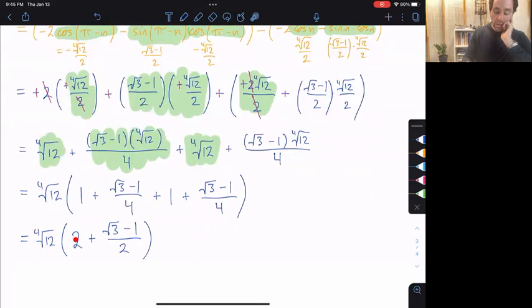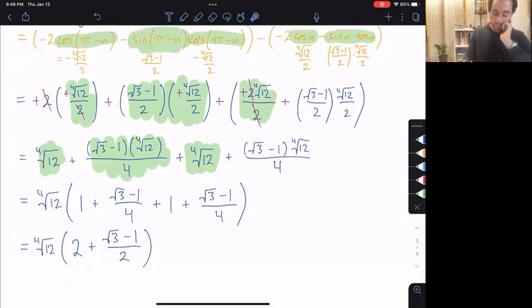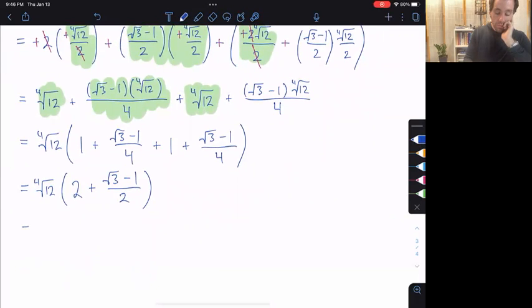And now these really are actually like terms. So I can write this as fourth root of 12 times 2 plus root 3 over 2 minus a half.